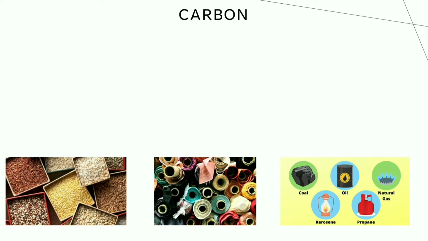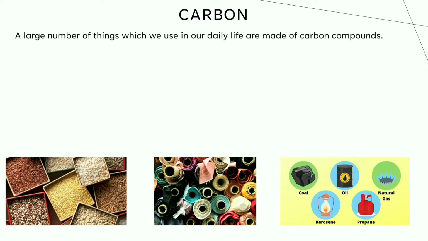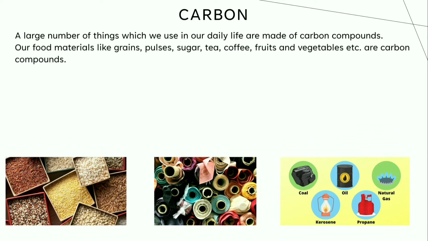Next, we will talk about the materials which are made up of carbon. A large number of things which we use in our daily life are made of carbon compounds. Our food materials like grains, pulses, sugar, tea, coffee, fruits and vegetables, etc. are carbon compounds.